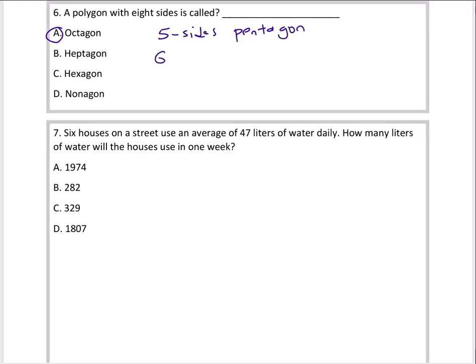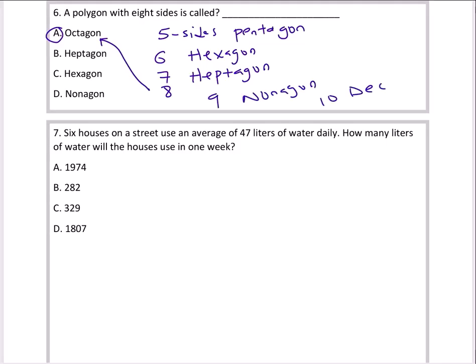Then 6 sides is hexagon, 7 sides is heptagon, 8 is octagon, 9 is nonagon, and 10 is decagon. So we are going to stop there. Just a revision for your polygons.